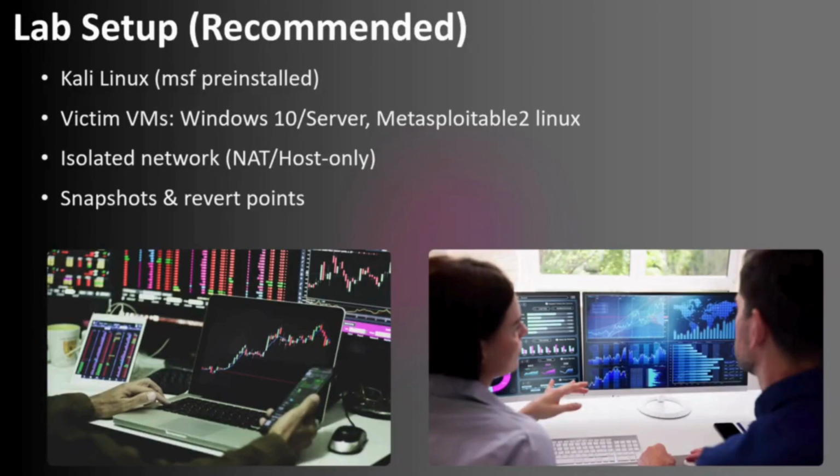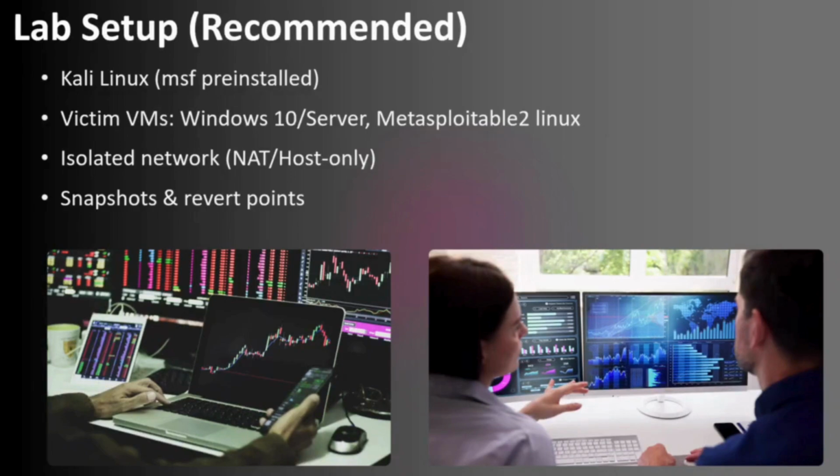The victim machine can be a Windows VM or a Metasploitable 2 Linux machine. In Metasploitable 2 Linux, some common vulnerabilities are already present, so it's easy to work in a lab. It's important to run everything inside an isolated network under NAT or a host-only network.